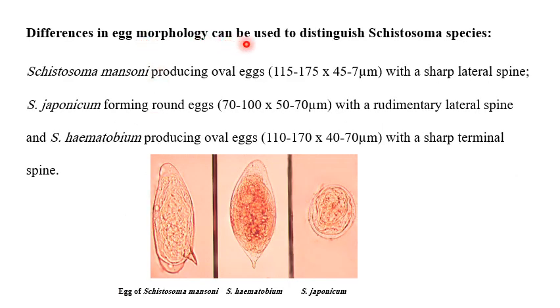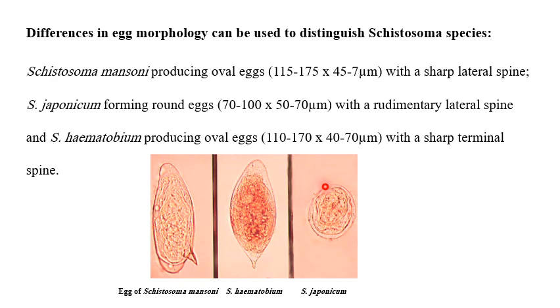Differences in egg morphology can be used to distinguish Schistosoma species. Schistosoma mansoni produces oval eggs with a sharp lateral spine. As you see, this is the egg of Schistosoma mansoni with lateral spine, شوكة جانبية. Schistosoma japonicum, as you see here, has round eggs, 70 to 100 by 50 to 70 micrometers, with a rudimentary lateral spine, شوكة جانبية مختزلة.